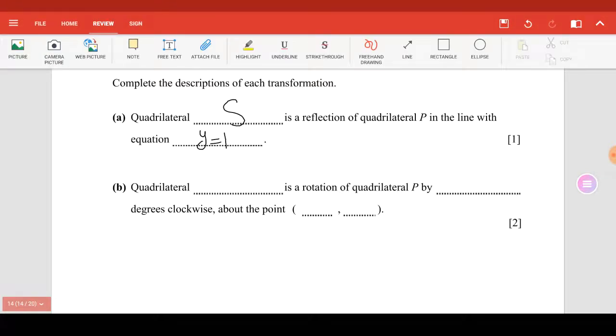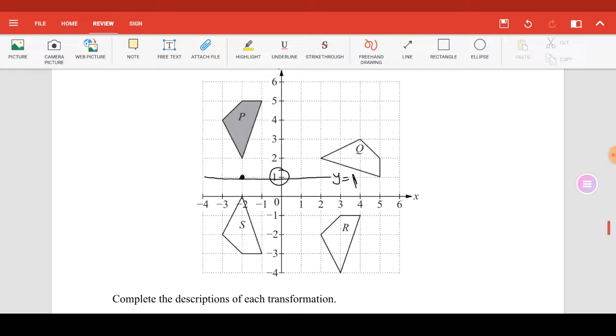Quadrilateral is a rotation of quadrilateral P by how many degrees clockwise about the point? Which point? Okay, the rotation we have here is P to Q. From P to Q is a rotation 90 degrees.